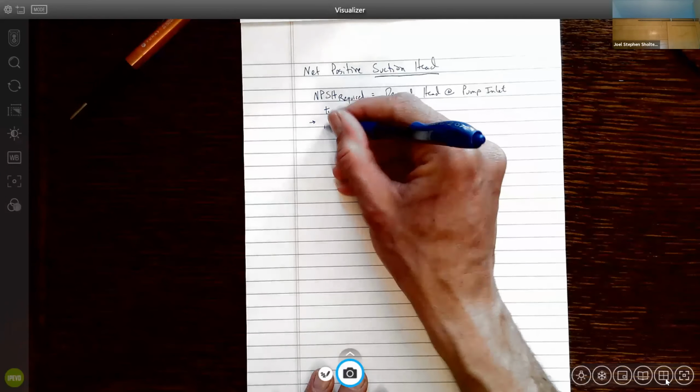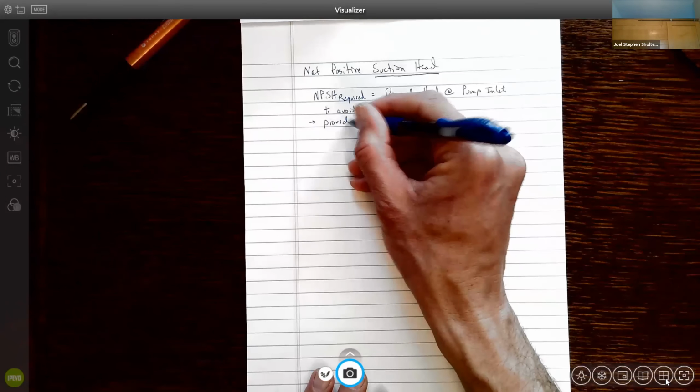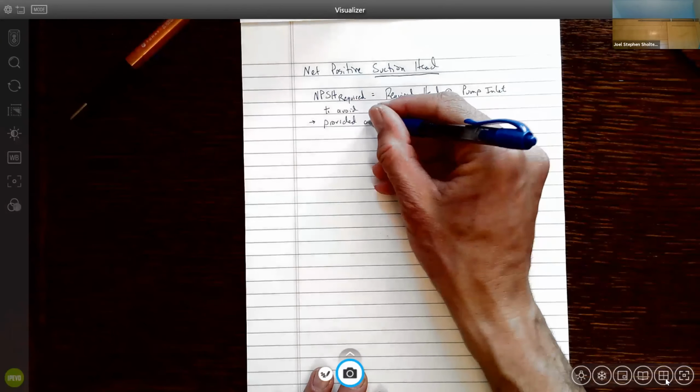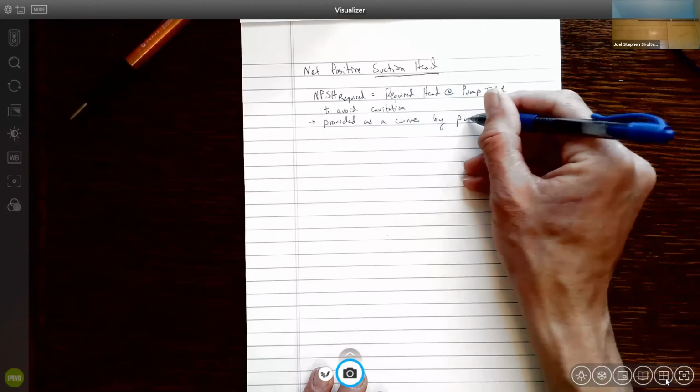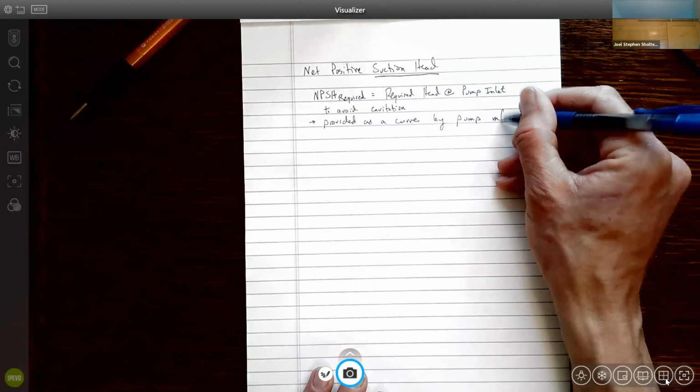And this is usually provided as a curve, because it's going to change depending on the discharge rate, by the pump manufacturer.